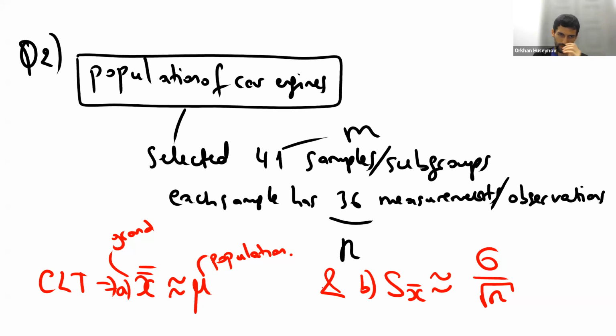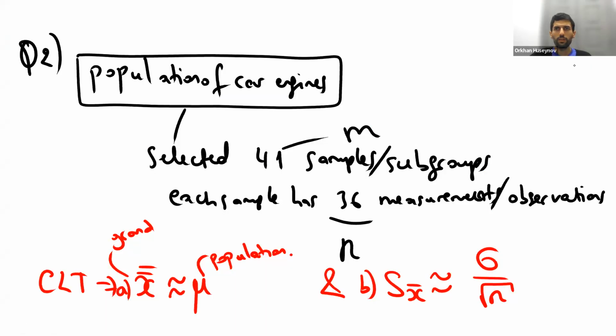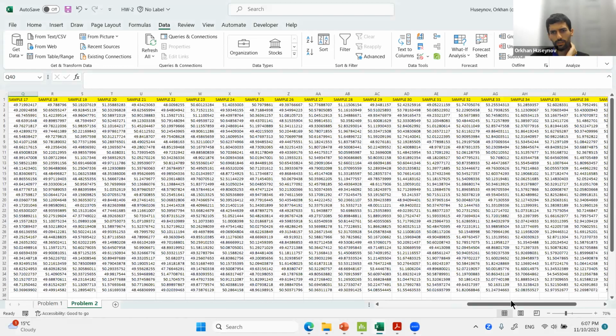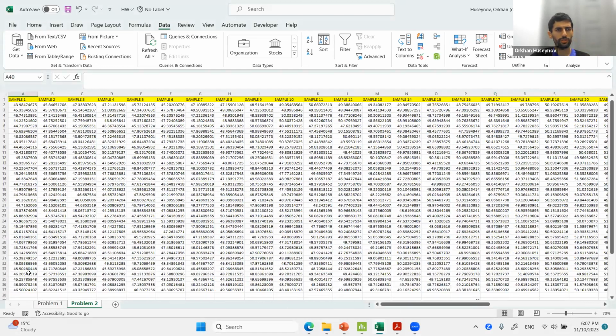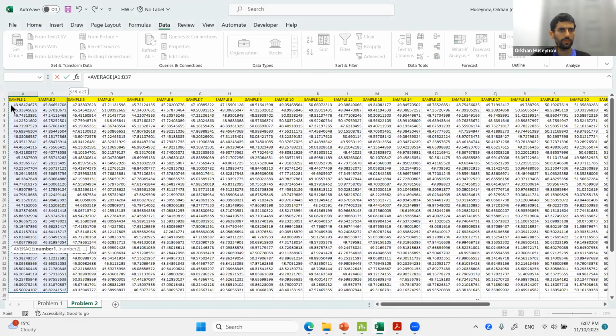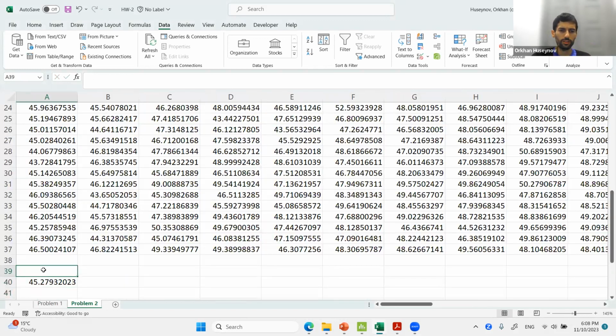Okay. So let's start firstly from the X bar. So grand average, how are we going to solve it? First I will find the average of each sample. So for my first sample, I will find the average of it. Okay, let me zoom. This is the average of sample 1. Similarly, I will find the average of all samples.